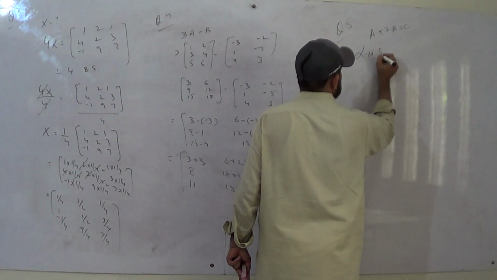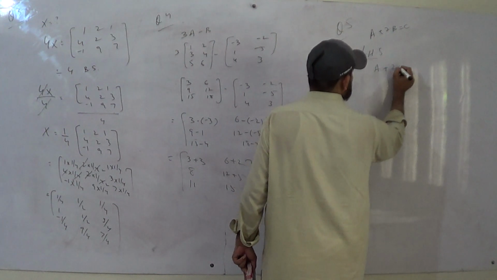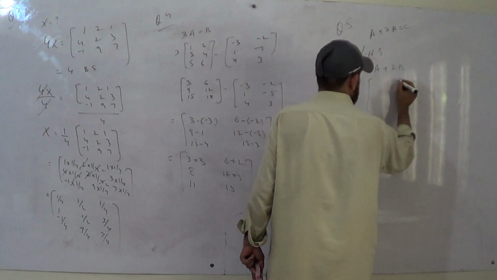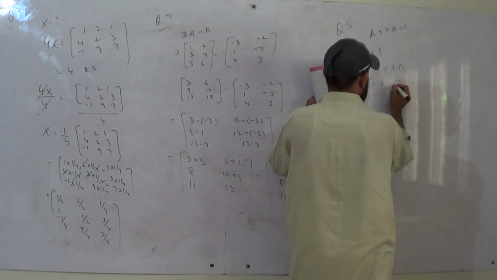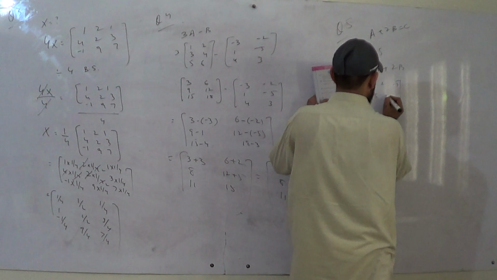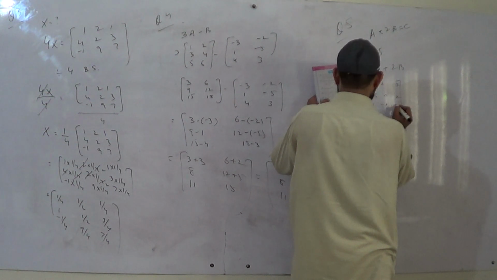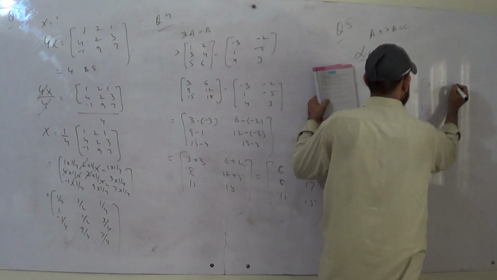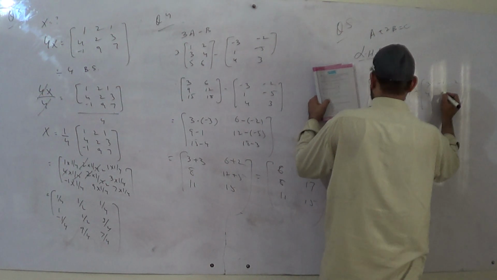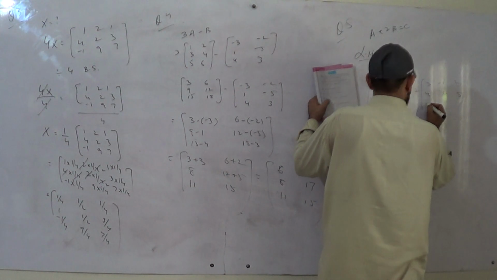Left hand side, A plus 2B. The matrix of A is 1, 2, minus 3, 5, 0 and 2, 1, minus 1 and 1, plus 2 times B, where B is 3, minus 1, 2, 4, 5.